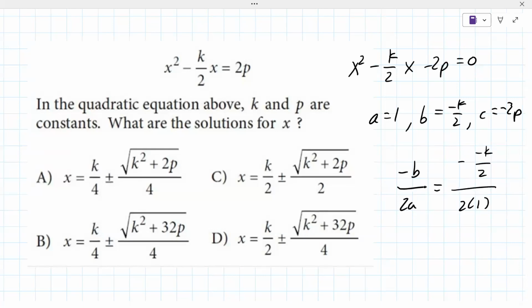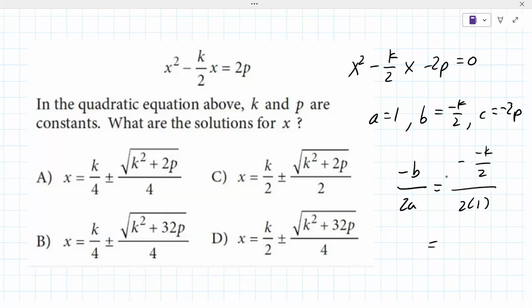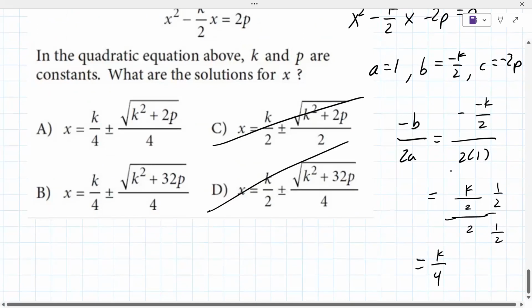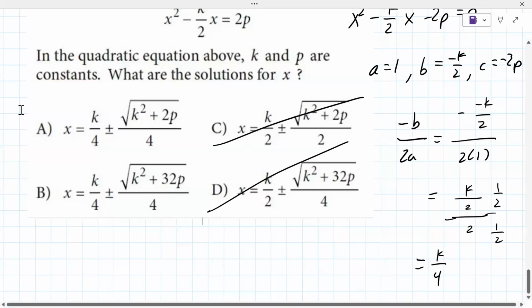This is what I'm seeing: it's minus k over 2 all over 2. It's like the negatives cancel, you get k over 2 over 2, and then you multiply by the reciprocal, top and bottom. So it becomes k over 4. Oh, okay. So that eliminates C and D. Now, what is the difference between A and B?